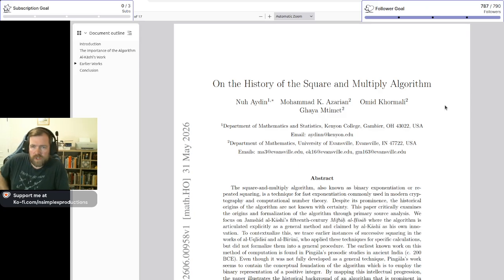On the History of the Square and Multiply Algorithm by Nuh Aydin, Mohammed Azarian, Omid Kormali, and Gaia Mitimet. They are from the Department of Mathematics and Statistics at Kenyon College, Gambier, Ohio, and the Department of Mathematics, University of Evansville in Indiana.